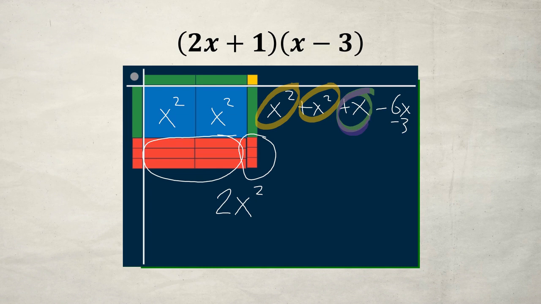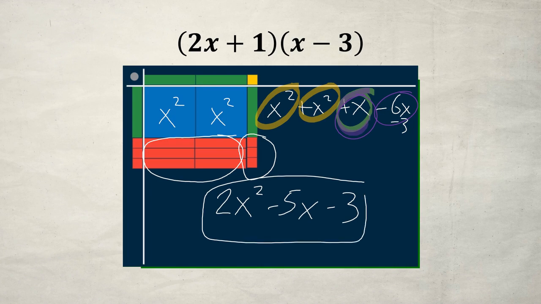Okay, I have x plus negative 6x. All right, that gives me negative 5x. I want the white. There we go. And then I have minus 3. So that right there, that's my final answer.